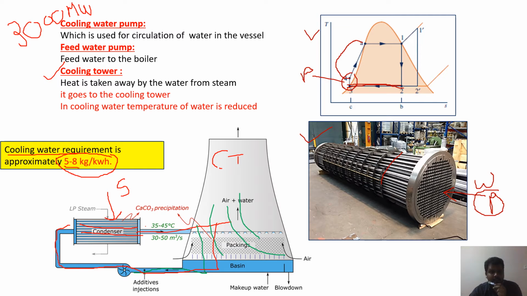Just assume that for 3000 megawatts we require a huge amount of water. That is wastage. So to reduce that wastage, by using a cooling tower we are reutilizing the water. That is the advantage of the cooling tower.